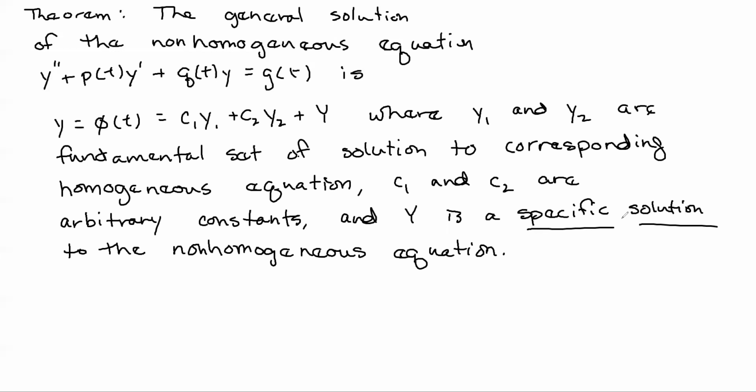It's one solution that you successfully have found to the non-homogeneous equation. Okay, and so that's what the theorem says, that you can find the general solution by combining two pieces. One comes from the corresponding homogeneous, and two comes from a specific solution to the non-homogeneous.